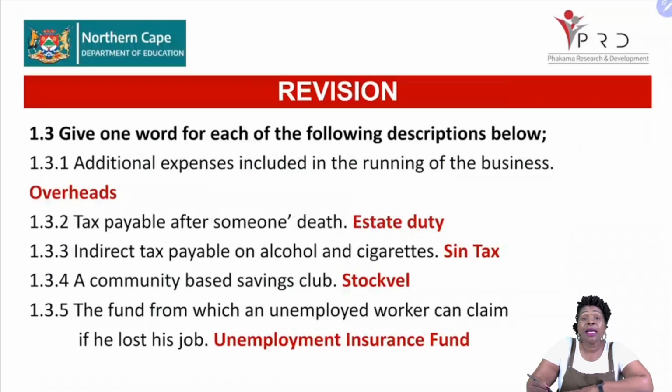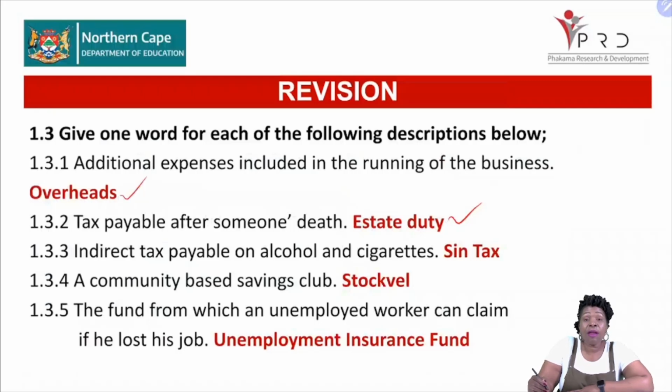1.3.1, additional expenses included in the running of the business. We call these overhead. That's our answer. And point 2 says tax payable after someone's death. We had already covered that. We said it's called estate duty. That is a deceased estate.